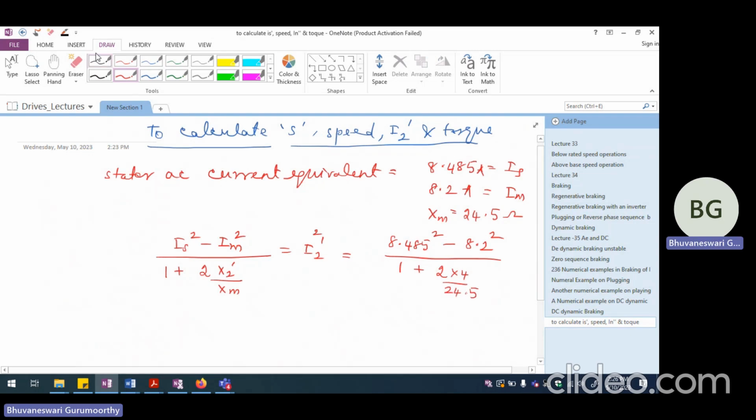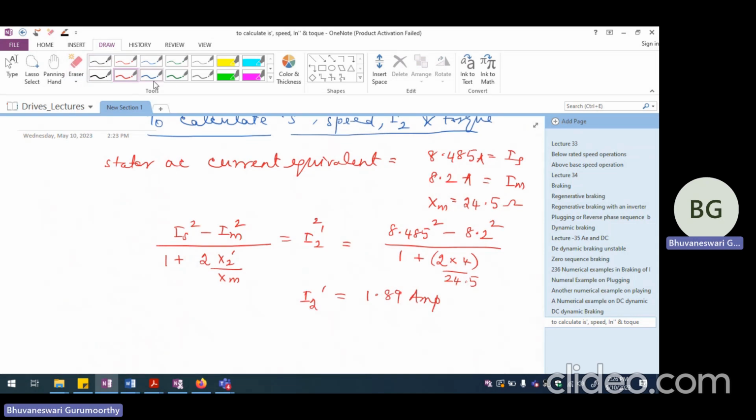So this is 2 multiplied by 4. Okay. So from here, we should be able to calculate what is I2 dash. And I2 dash comes out to be 1.89 ampere.